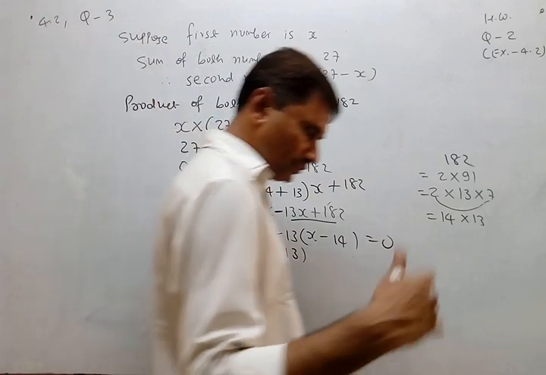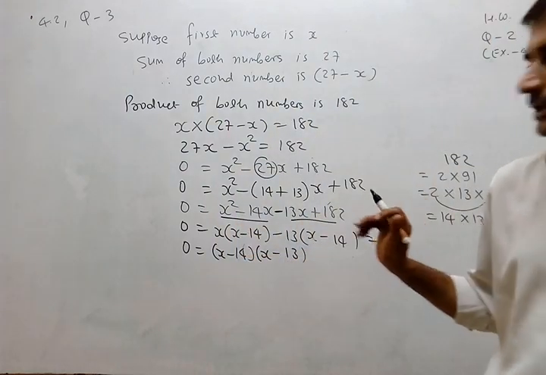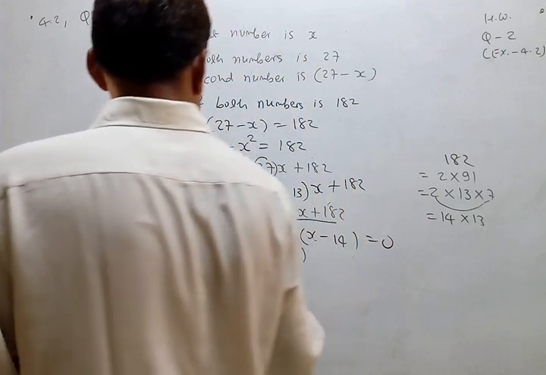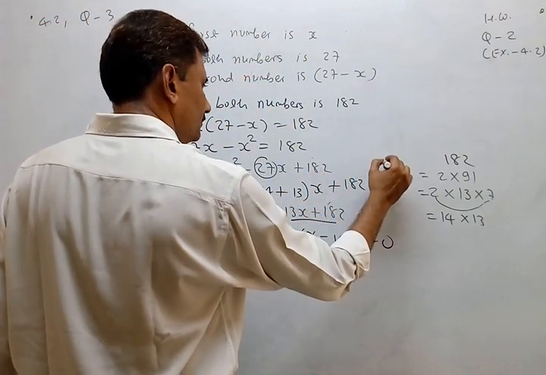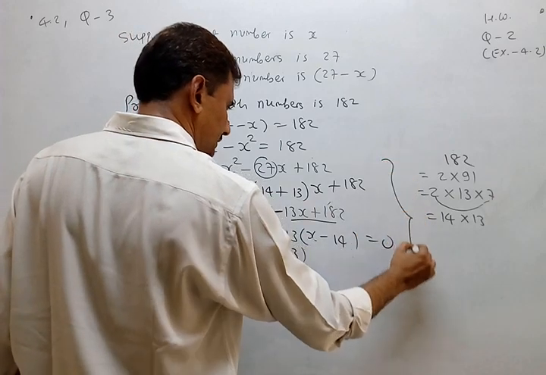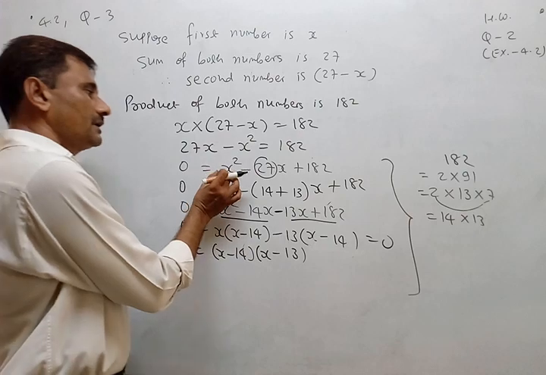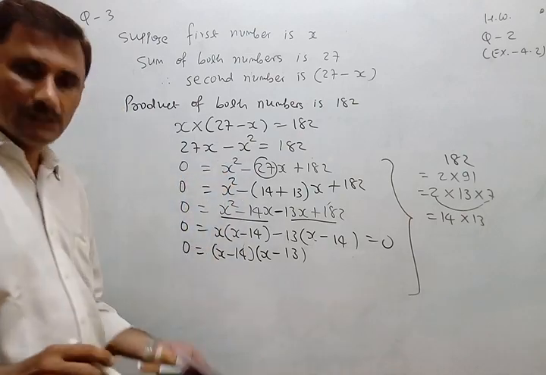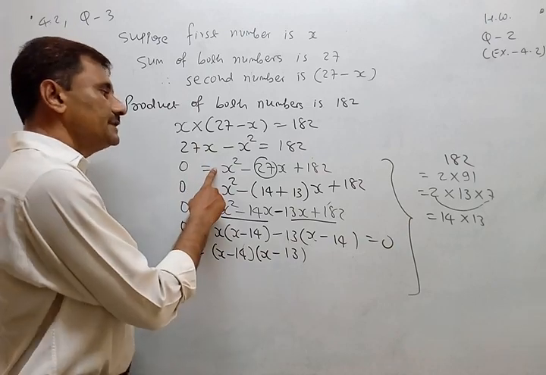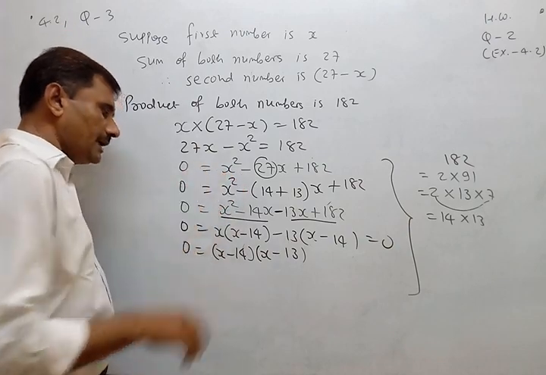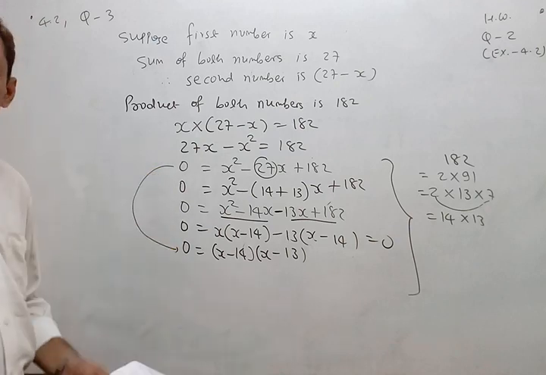Now we have to compare both factors one by one with 0. Before going to that step, I just want to remind you one thing. Whenever a is 1, a meaning the coefficient of x square, you can write the factors directly also.